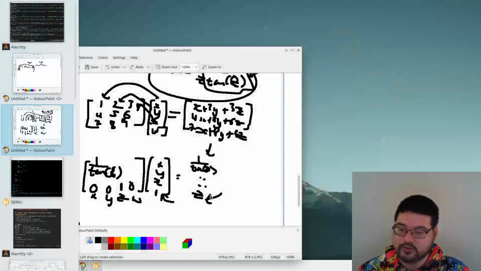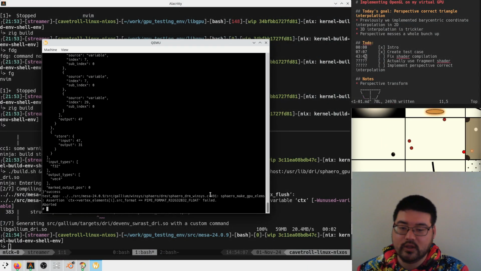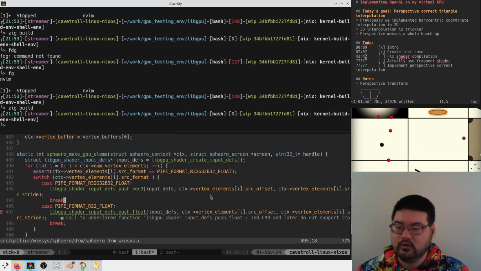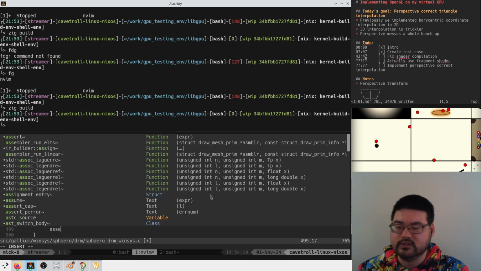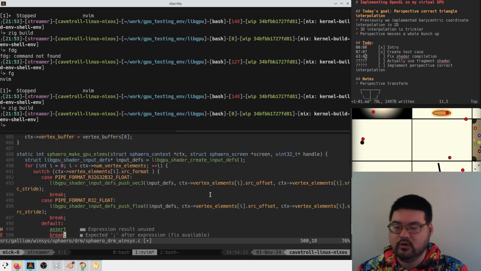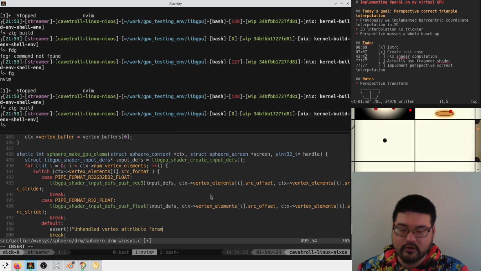Okay. So we compile. And now he's mad because we just left an assertion in there. We did just leave that assertion in here. And then we also probably have to do a default assert, unhandled vertex attribute format, we'll call it.